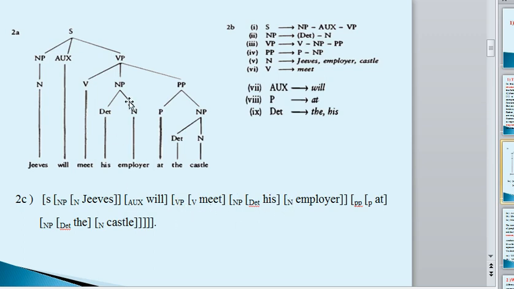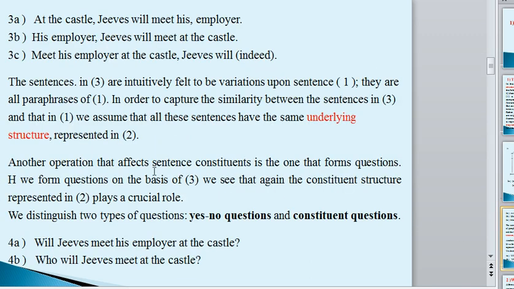So you see here, we have 3 formats for writing the constituents of each sentence: by using a tree diagram, by using phrase structure rules or rewriting rules, and by writing the brackets. These are three formats of writing the sentences. So we can use one of these three formats.